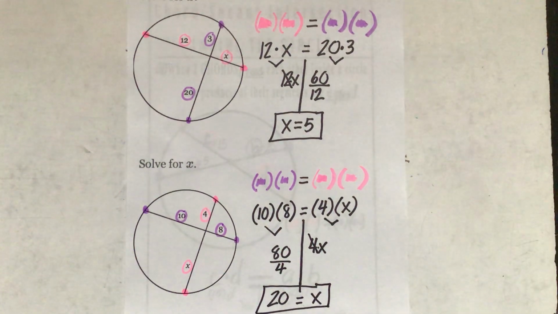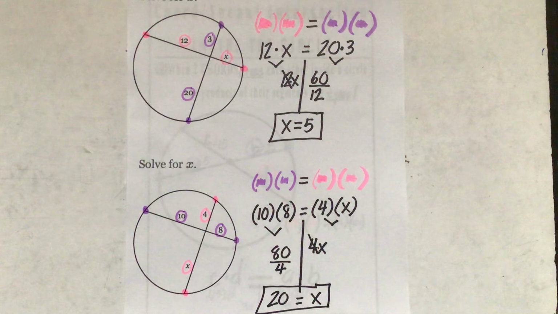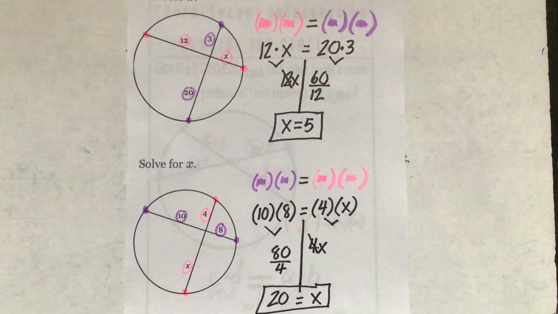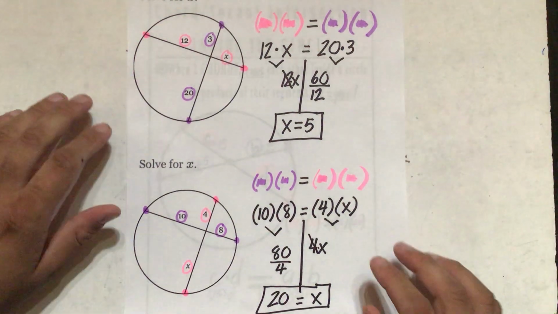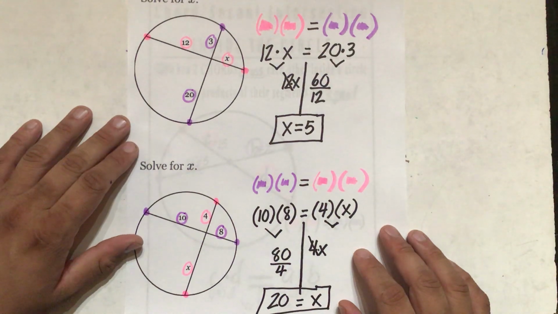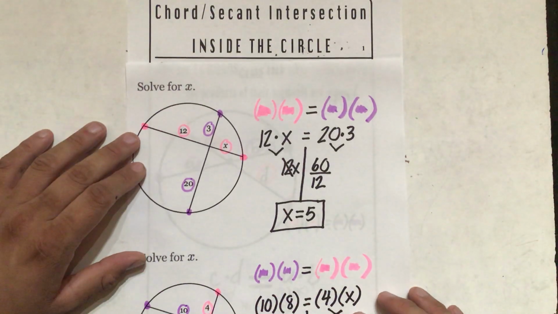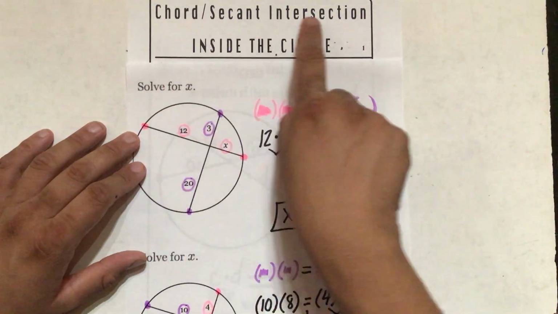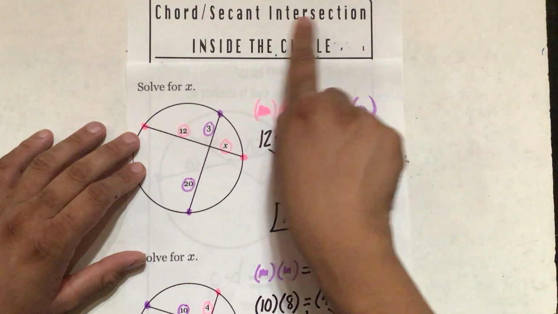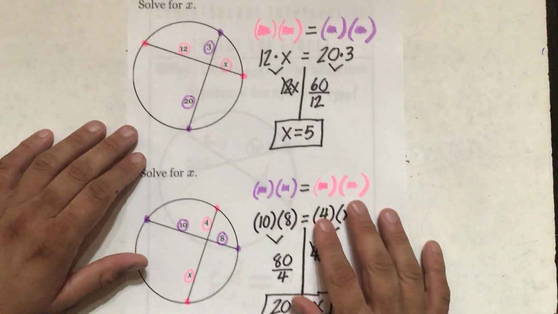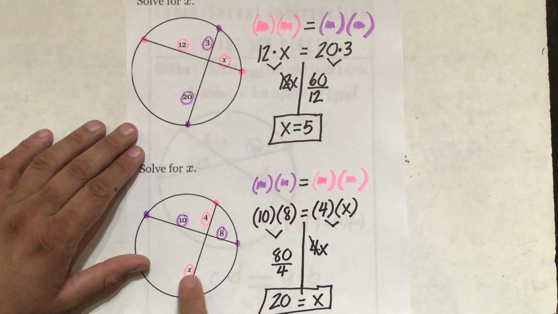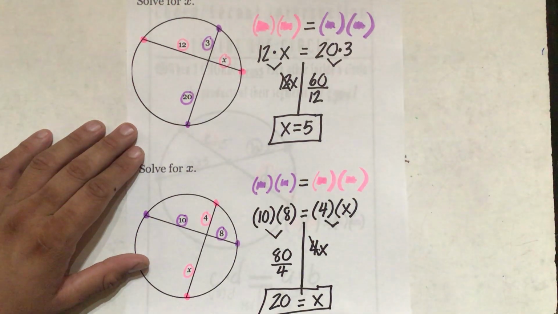And there you go. Right? And these are the kinds of examples you're going to find when you're going to solve for chords and secants intersecting inside the circle, and you're going to find the missing segment. Solve for x.